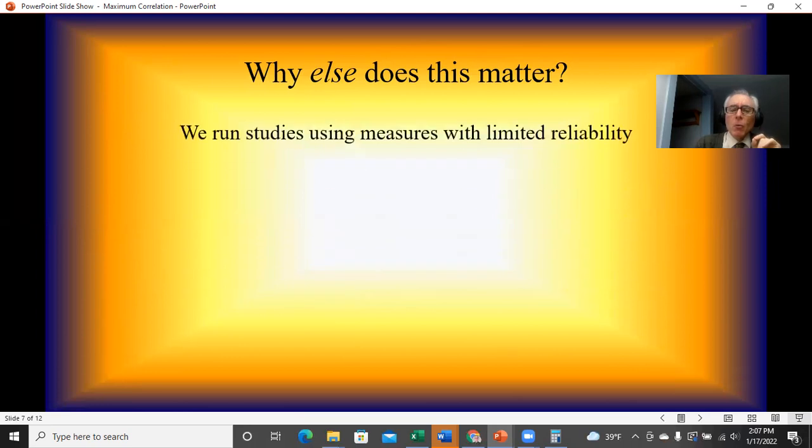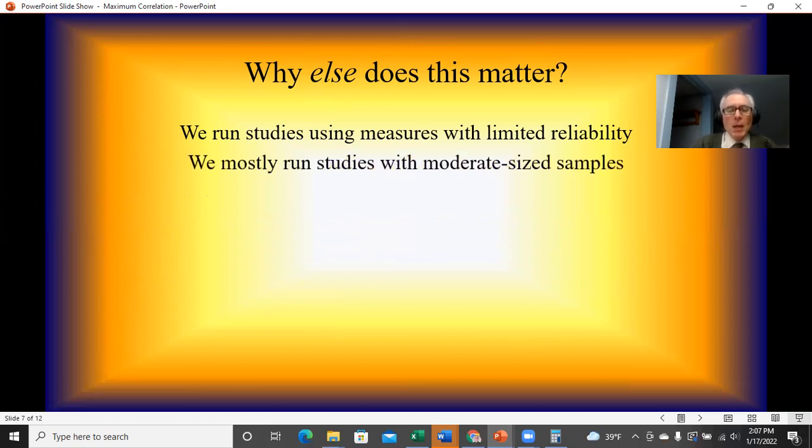There's one other reason I think why this matters, and that is when you're actually running a study. So you're working on a master's thesis, or you're an assistant professor trying to get a bunch of publications out so you'll make tenure somewhere, or in some other stage of your career. You're running studies. Naturally, the measures you're using have limited reliability.